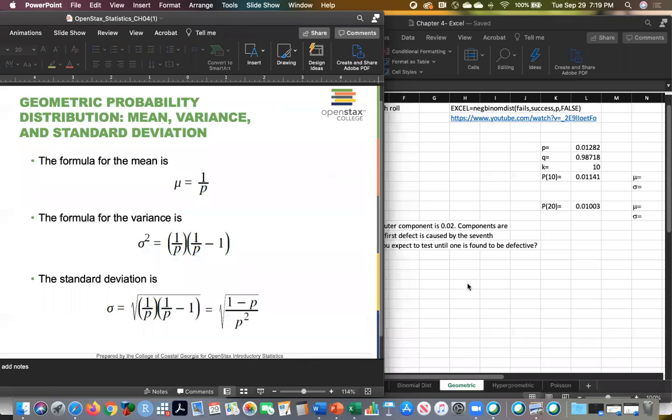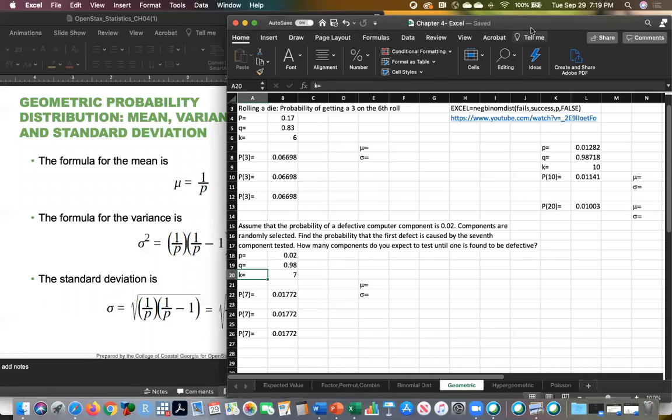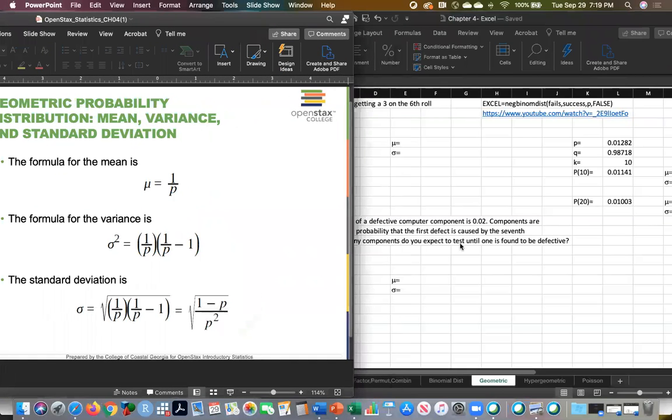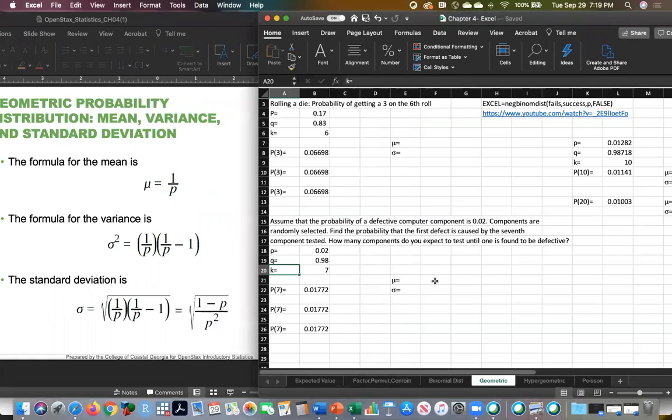So also we can find the mean and the standard deviation of this. All we need for the mean and the standard deviation, for example, in this case, the mean is going to be given by 1 over P. So 1 over P, where P is my probability of success.